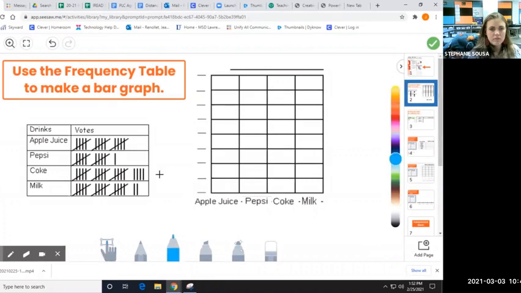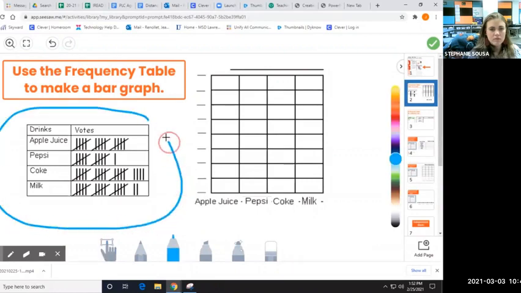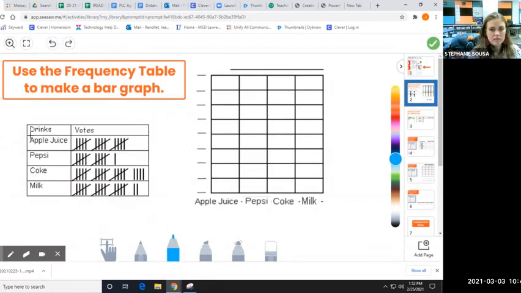Here is a frequency table where somebody has collected some data on people's favorite drinks. I notice that there are 4 categories. So when I make my graph, I'm going to use those same categories: apple juice, Pepsi, Coke, and milk.